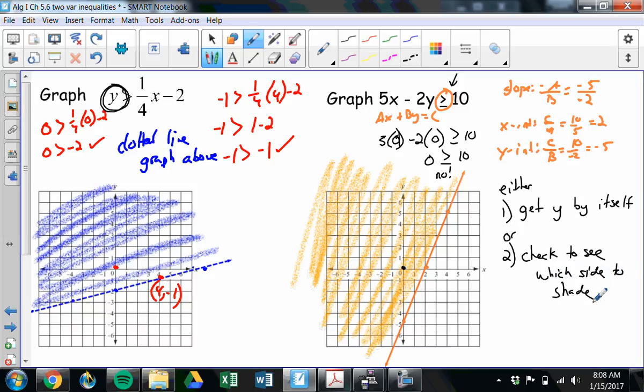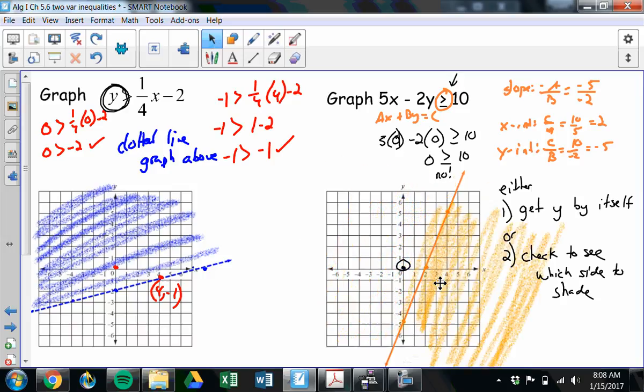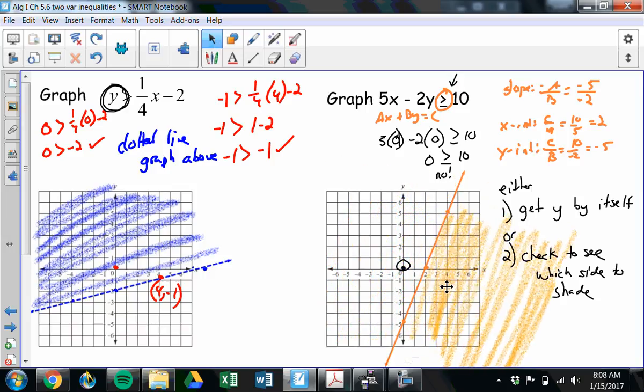Here's how I recommend you check. Plug in the point 0, 0. If the point 0, 0, which was here, if that point works, great, shade that side of the line. But if that point doesn't work, like it did in this case, shade the other side of the line. Just plug in a point. If the point works, shade that side. If it doesn't, shade the other side.